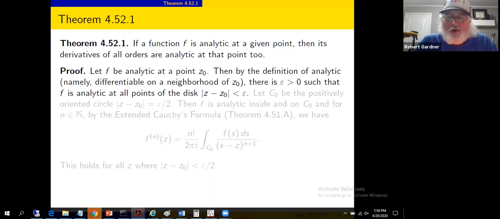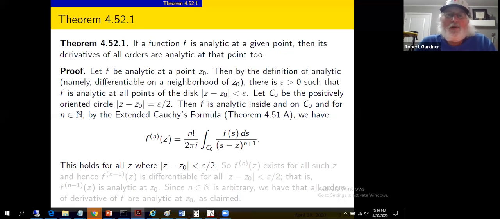All we did was say that it's differentiable in this open region. We took an interior point and a little epsilon neighborhood about that point. Now let C sub 0 be the positively oriented circle |z minus z sub 0| equals epsilon over 2.